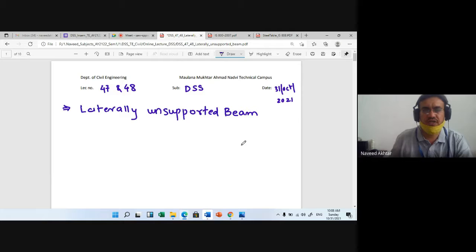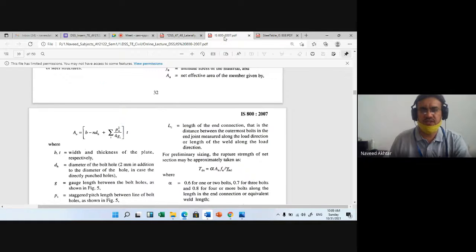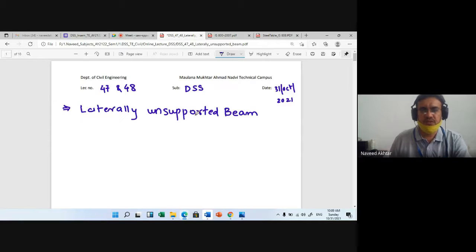We will see today, myself, Professor Naveed Akhtar Mirza from Maulana Mukhtar Ahmad Nadwi Technical Campus, Malegaon. The outcome of today's lecture is that at the end of the lecture, we will be able to design an unsupported beam and understand the behavior of a laterally unsupported beam by using the Indian Standard Code, that is IS 800 2007.